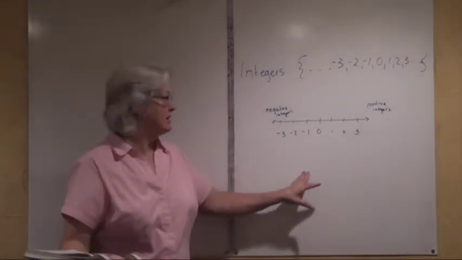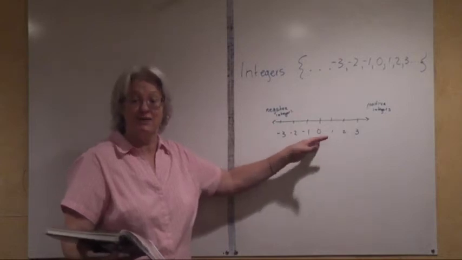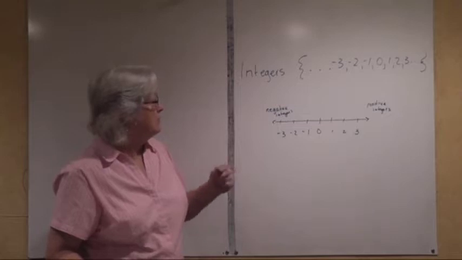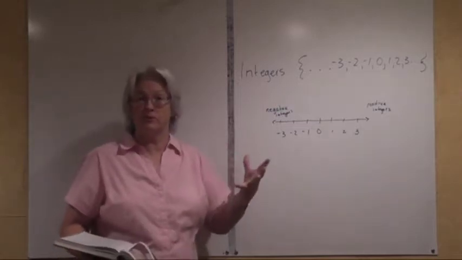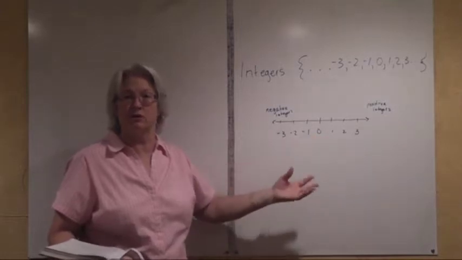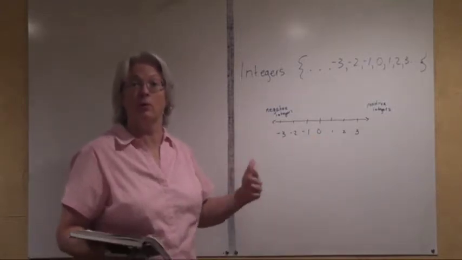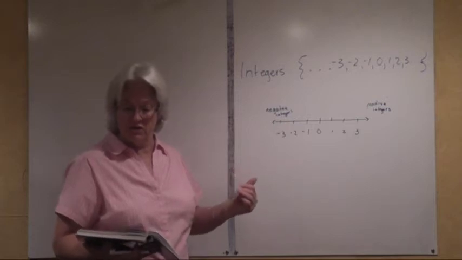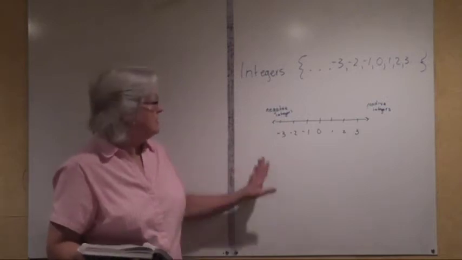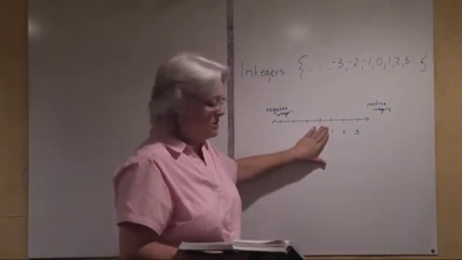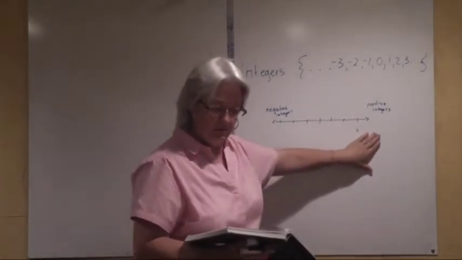And these are separated right here by 0 on the number line. And when you talk about a number as being positive or negative, 0 is neither. 0 is just 0. It's not a positive 0 or a negative 0.